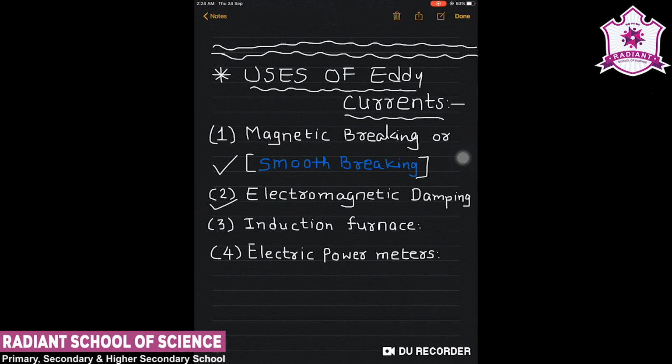Now the third use, that is the induction furnace. Now in an induction furnace, how it is used, that we will see. We can explain that an induction furnace can be used to produce high temperatures and can be utilized to prepare alloys by melting the constituent metals.